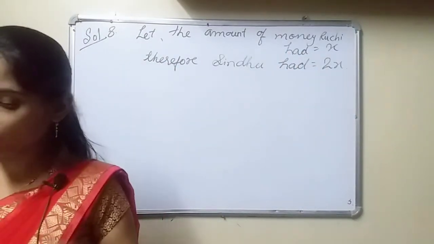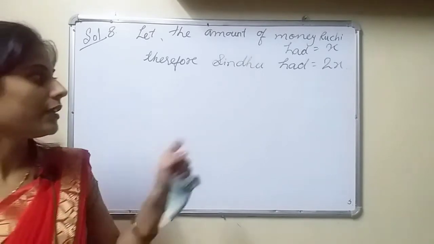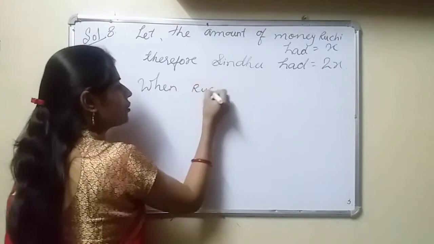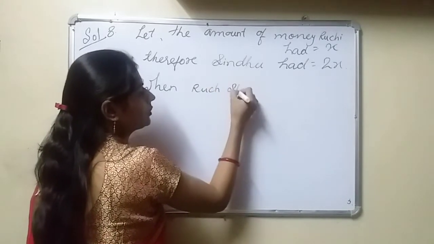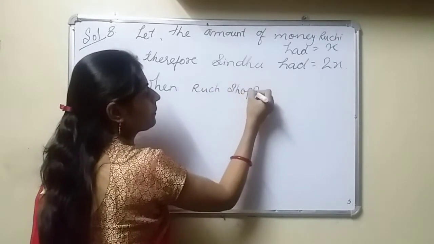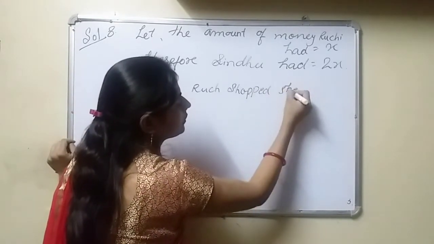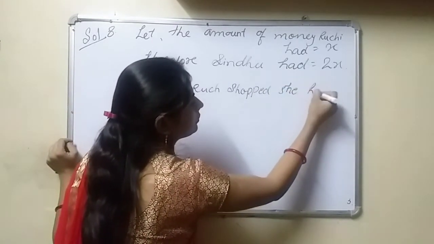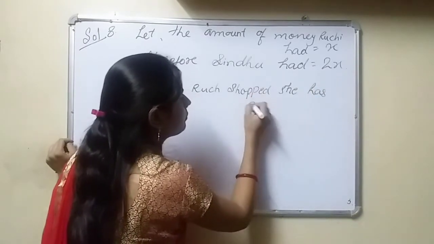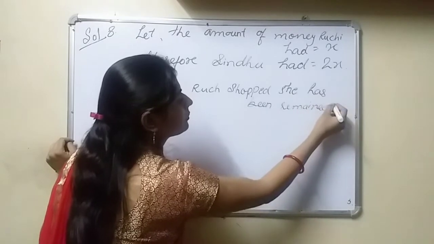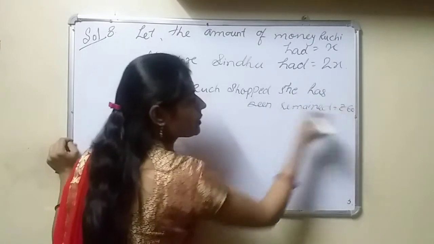Okay. Now see, when Ruchi shopped utilities, she was left with rupees 60.